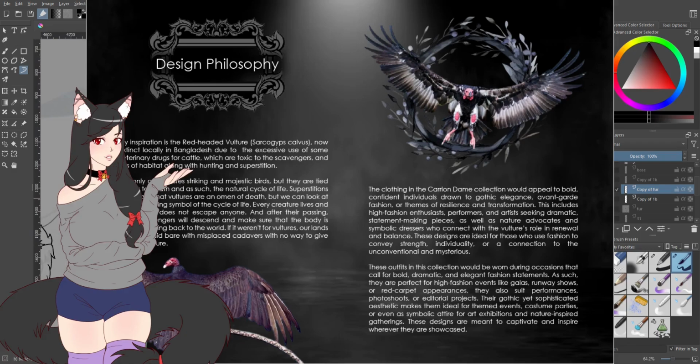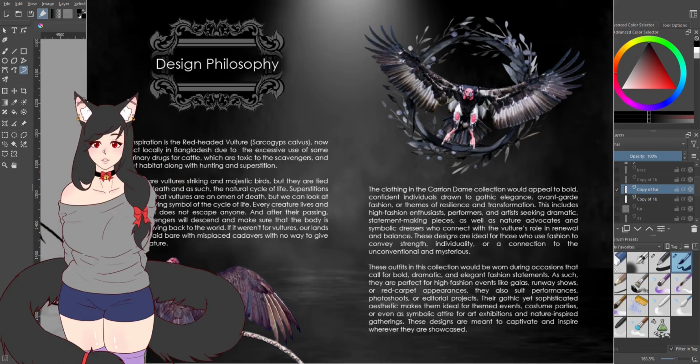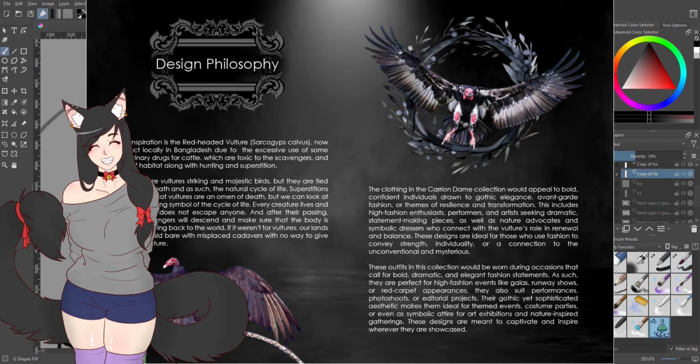Moving on to the clothing and who it would appeal to, I want to say it would appeal to more so the higher class, people who invest in fashion and are very fashion forward and love making a statement. Somebody who understands the cycle of life and somebody who is seeking a dramatic statement piece.